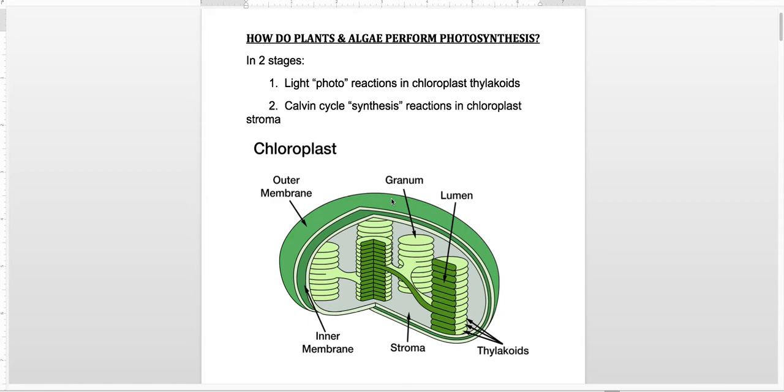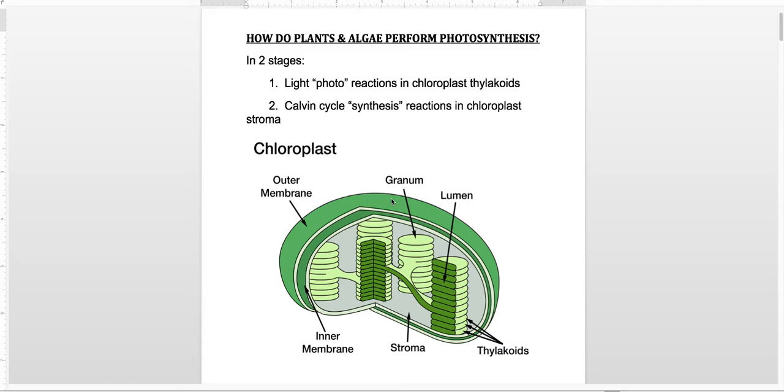It's a complex process, just the way cell respiration was a complex process. So if you'll recall, last time we talked about how photosynthesis is sort of the opposite of cell respiration. Cell respiration is breaking food down, breaking down sugar in order to release the energy from it. Photosynthesis is building sugar, so it's the opposite.